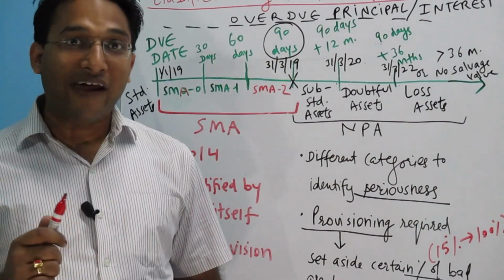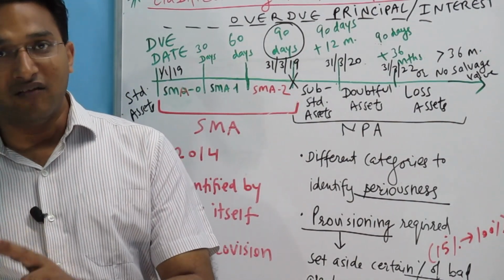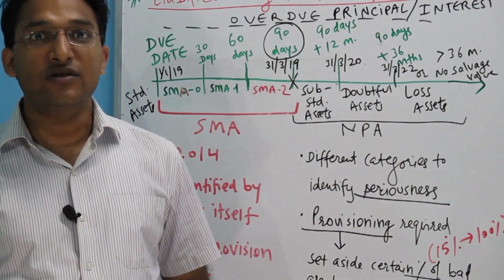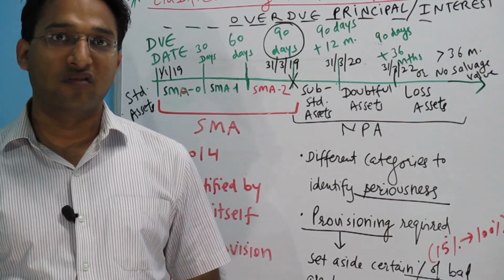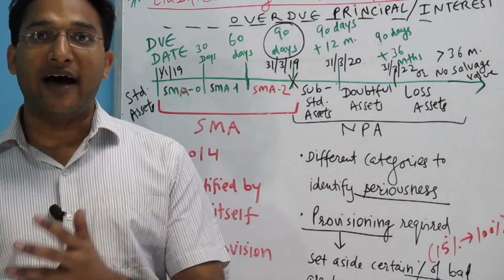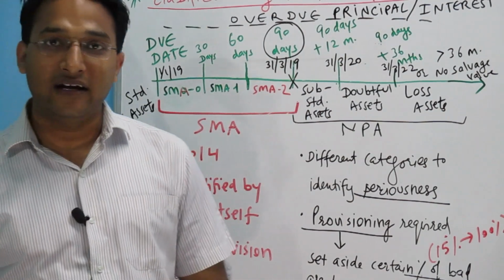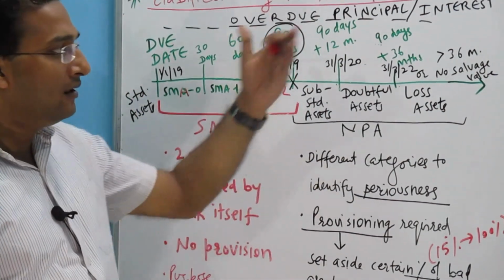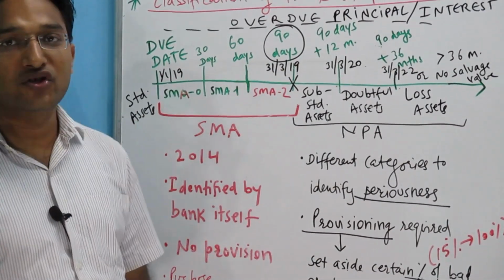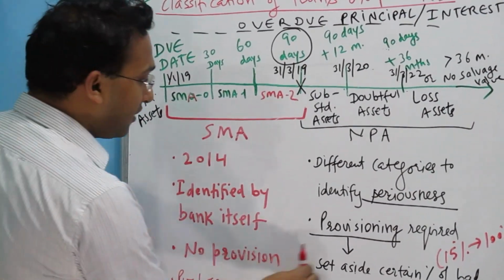So in case the value of the security for the loan is negligible or it is not recoverable, in that case the auditors can also classify any special mention account as a non-performing asset, right? So NPA can be classified by the bank itself or by the RBI also, and the NPA and the special mention account are classified by the bank itself, right? NPA has been in existence for a long period of time. However, this category of special mention account came in 2014 only.